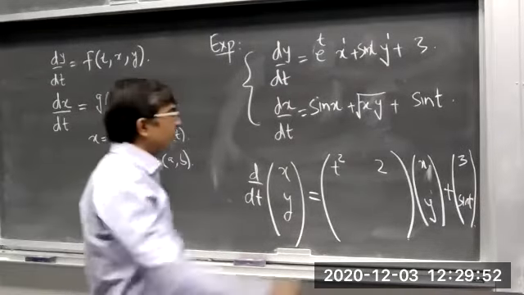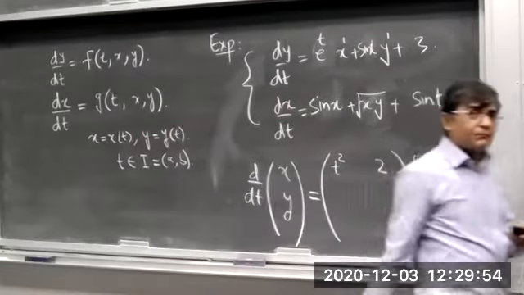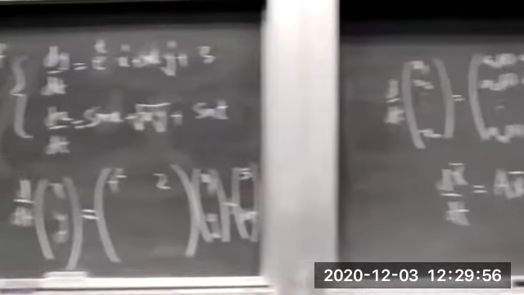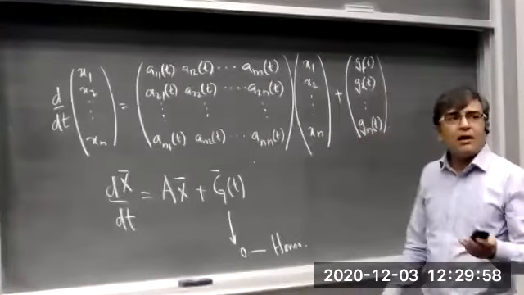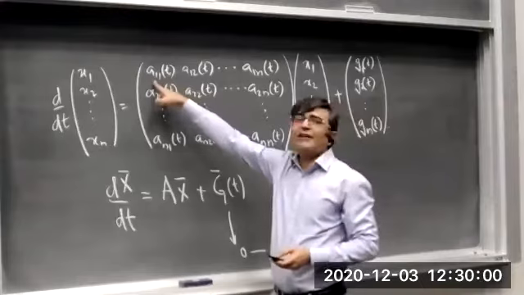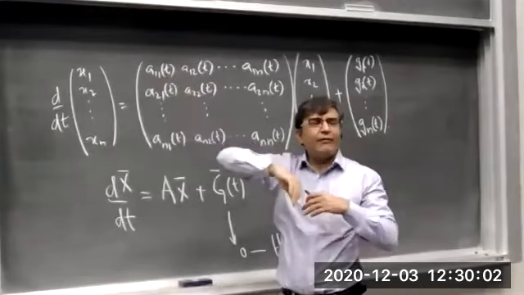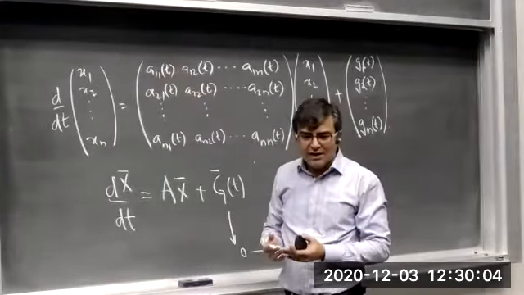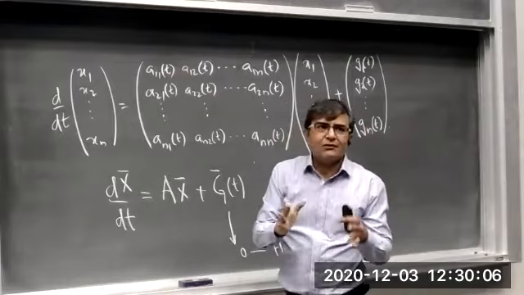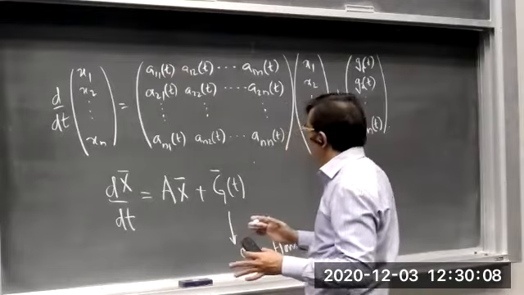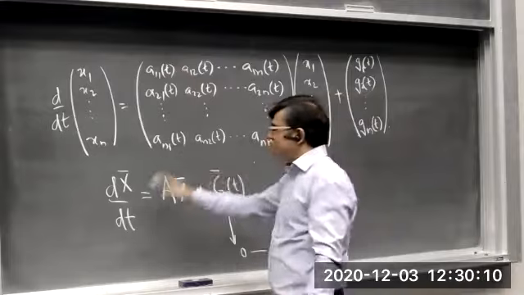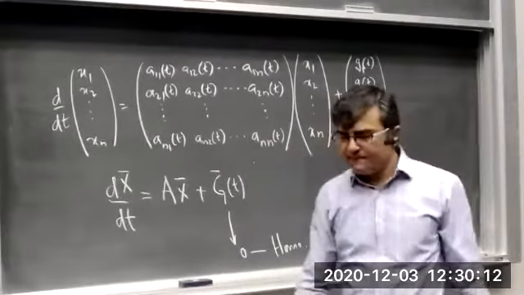Just as we have written in the system here, a11 of t. a11 of t is any function of t, but it should be a defined continuous function. So this is your system of first order ODEs.